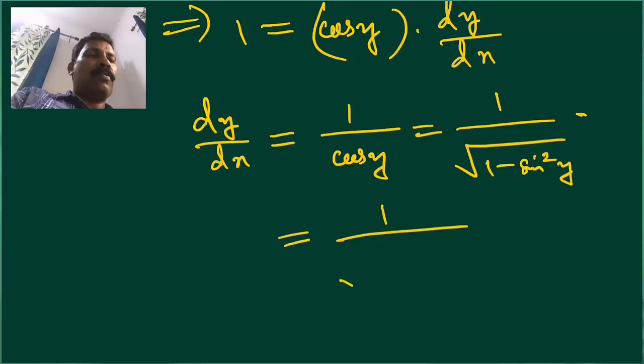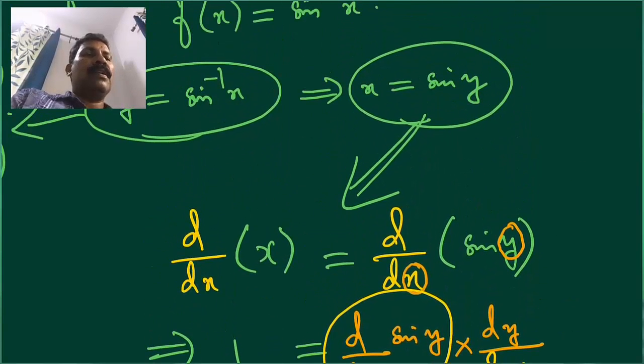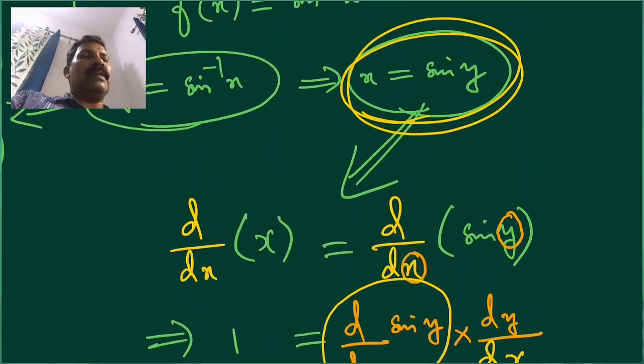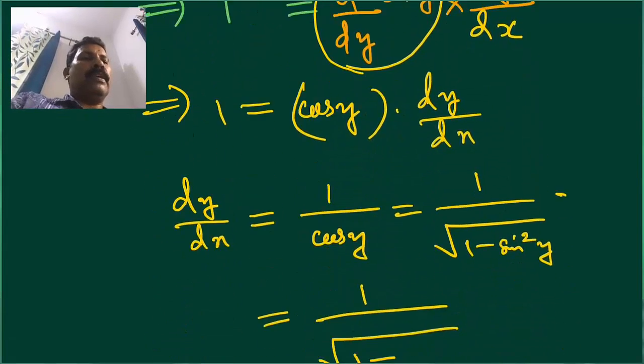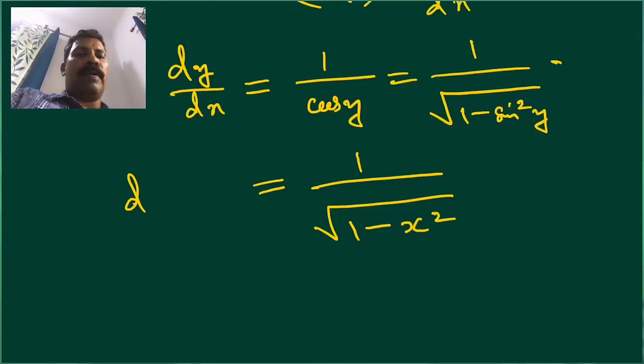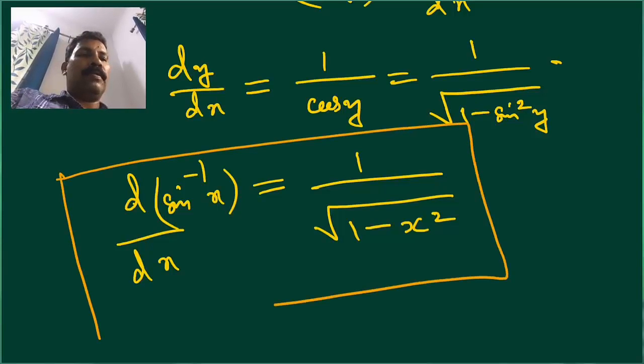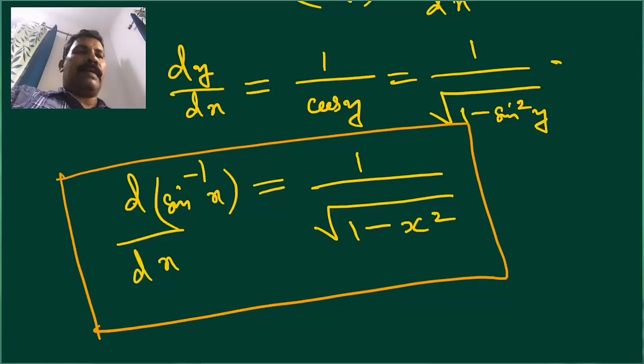Then what is sine y? Sine y is nothing but x. So we can write in place of sine squared y, x square. So the derivative of sine inverse x with respect to x is nothing but 1 by square root of 1 minus x square.